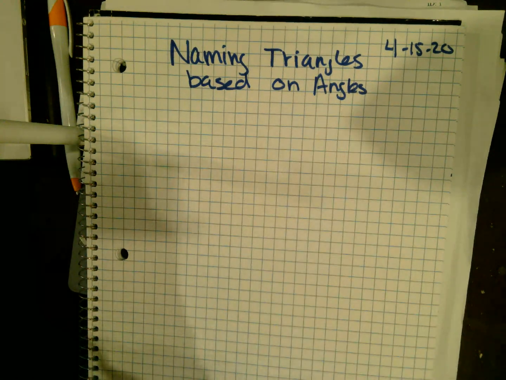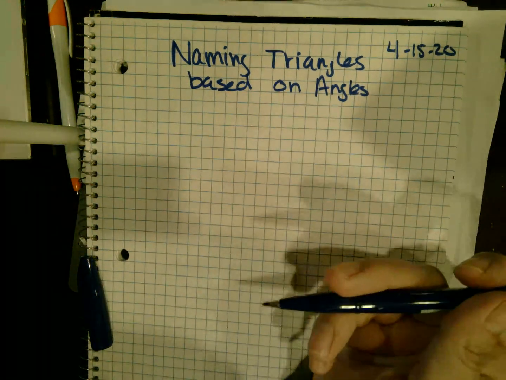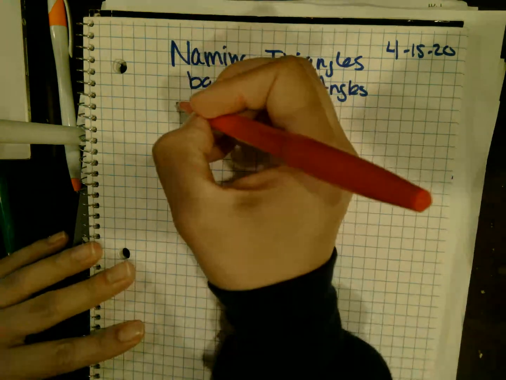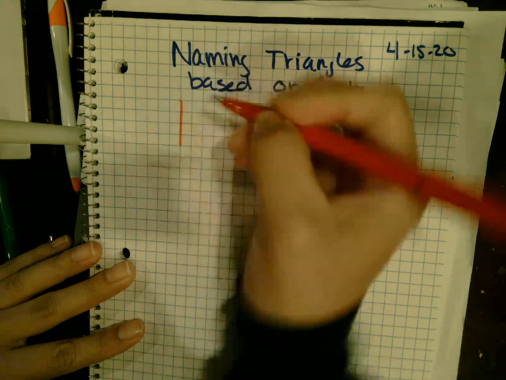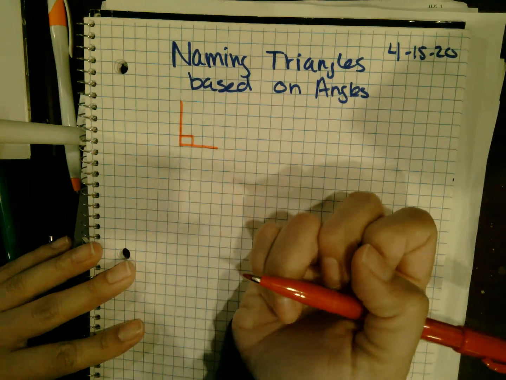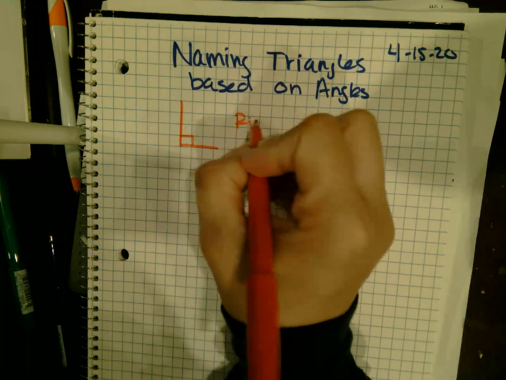Now, quick little review for all of us. When an angle looks just like this, what do we call it? That's right, a right angle.